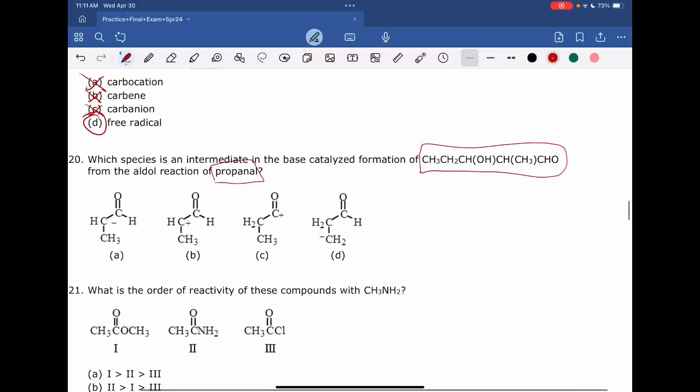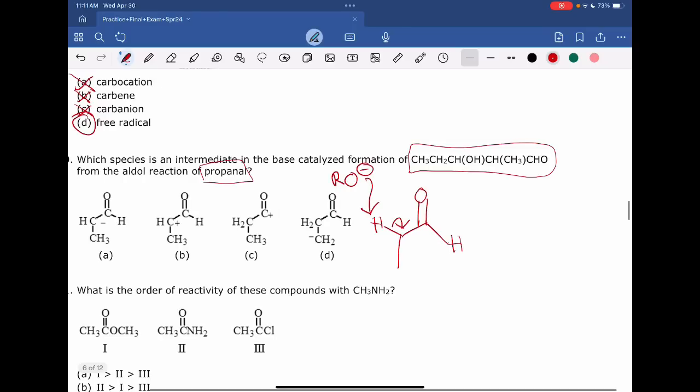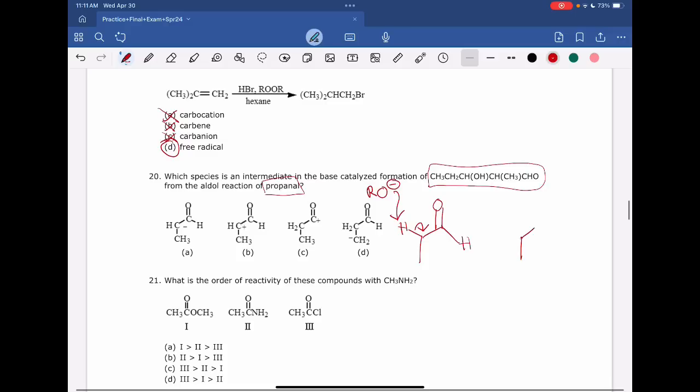So let's draw propanol. 1, 2, 3 carbons and an H. And you're reacting it with a base. So the base grabs the most acidic H and gets you a negative charge in there. This is what you get.